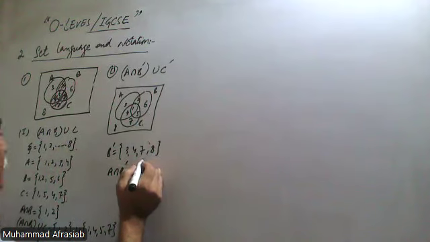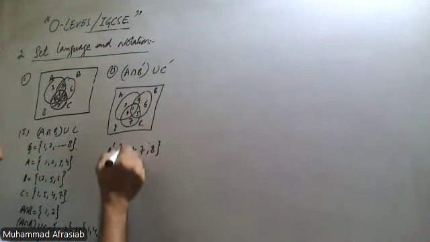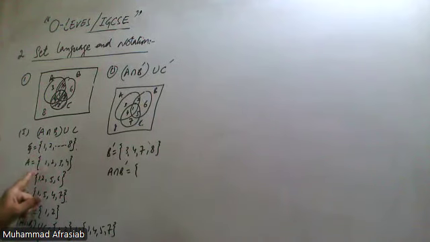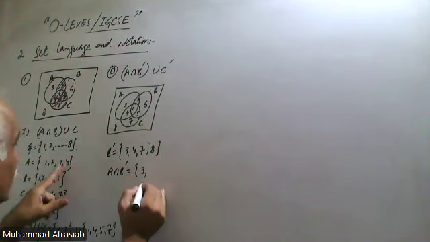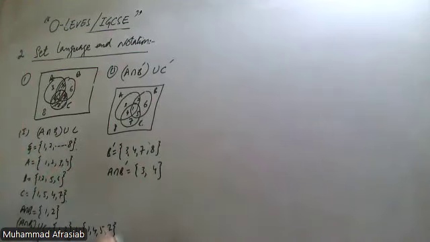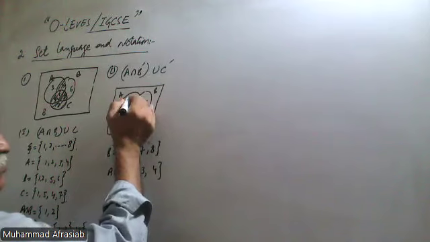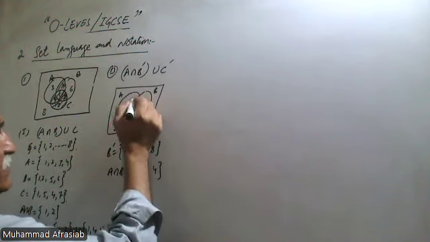So 1 is not common, 2 is not common, 3 is common, 4 is common, 7 and 8 are not. So basically it is 3 and 4 of that portion. So this 3 is only A and this 4 is there, except B.